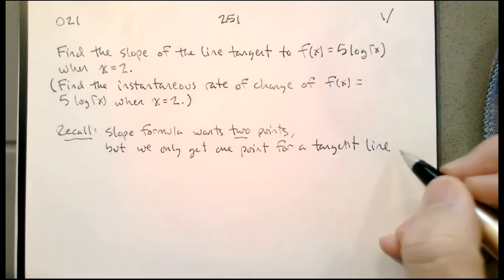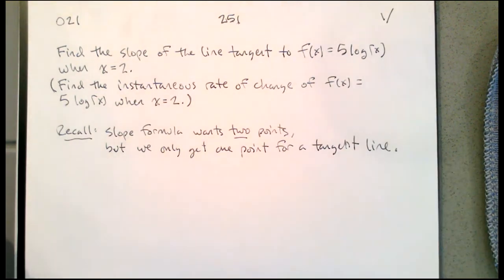The slope formula wants 2 points, but we only get 1 point when we're trying to calculate a tangent line, or the slope of the tangent line.